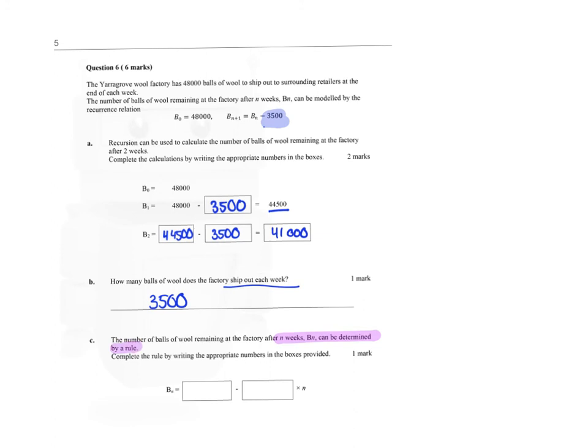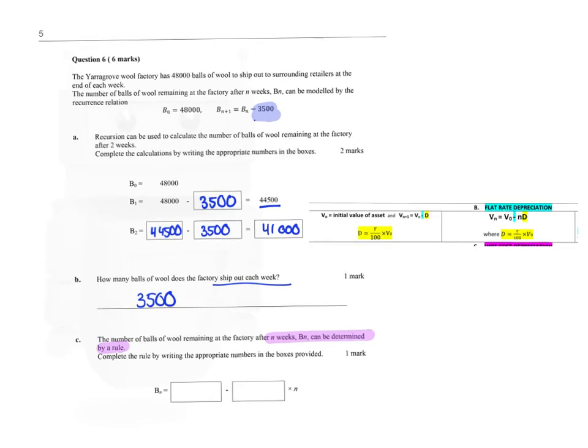This is like a flat rate reduction. So if I go to our formula sheet and find your flat rate, hold on a sec. Okay, so this is like the flat rate. And if you see, we have a recurrence relation that looks like this, the Vn, or Bn in this case, minus the D. This here is the nth rule column.